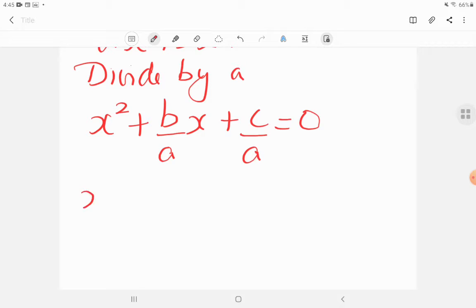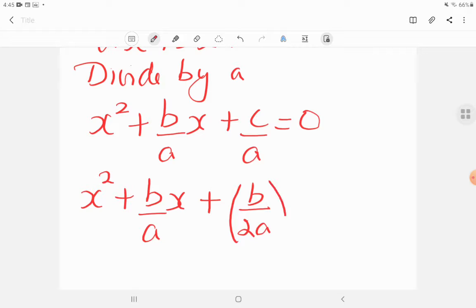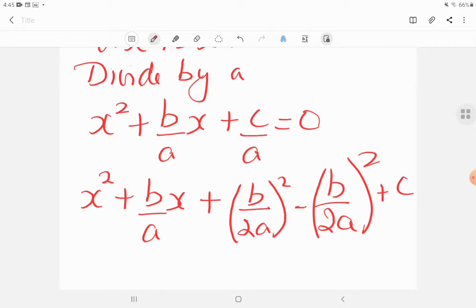When you square it, you get b over 2a the whole squared. So we write x squared plus b over a x, and the coefficient is b over a. When you divide by 2 and square it, you get b over 2a the whole squared, and then you subtract that constant, b over 2a the whole squared, plus c over a.